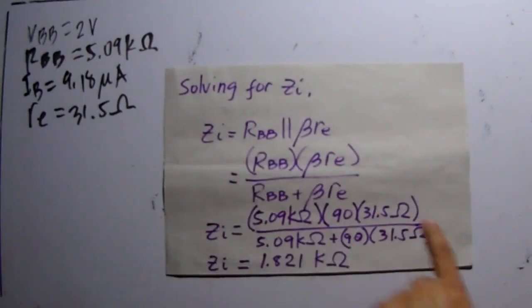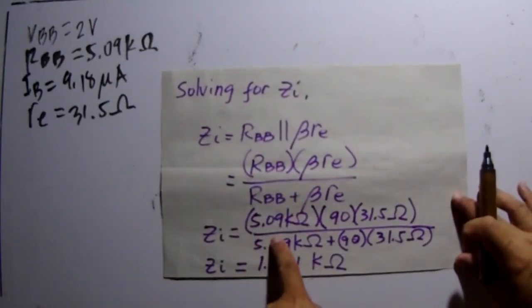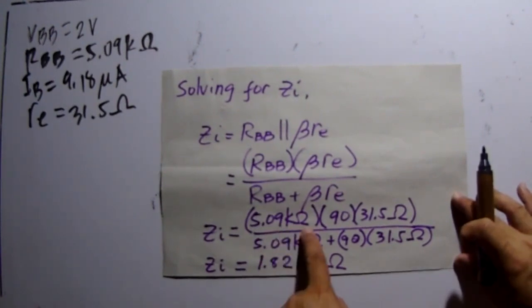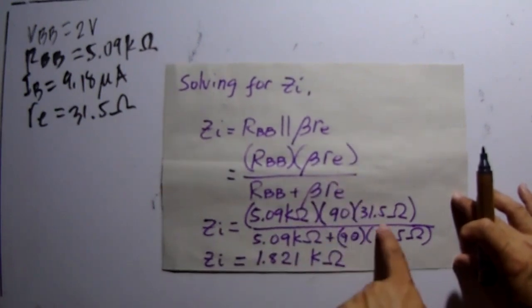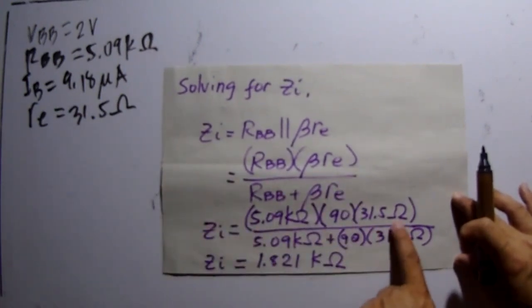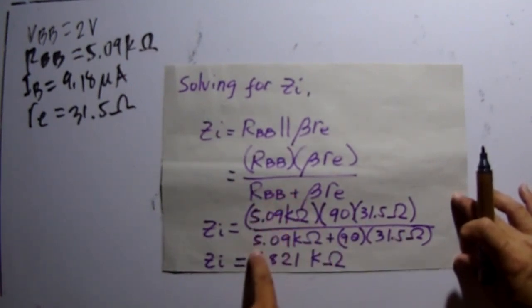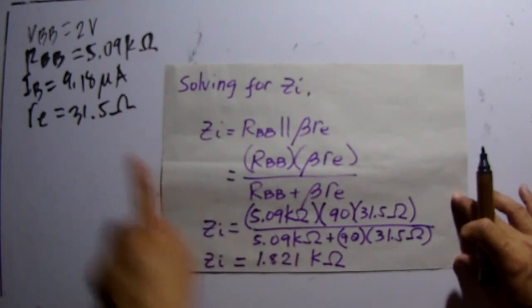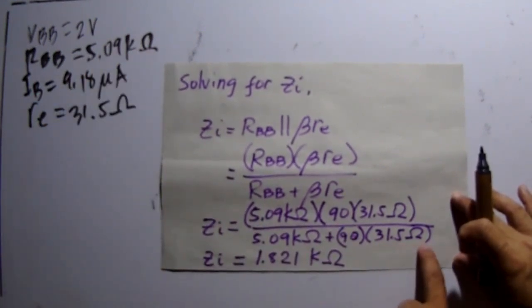So substituting values for RBB, which is equal to 5.09 kilo ohms multiplied by beta RE, which is 31.5 ohms, divided by RBB, 5.09 kilo ohms plus 90 multiplied by 31.5 ohms.